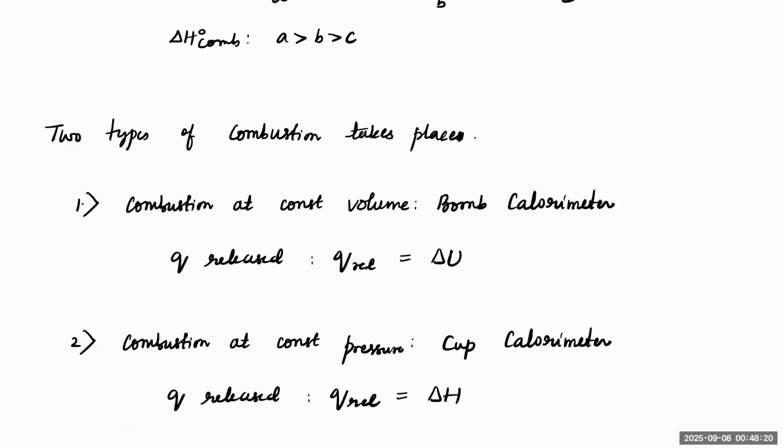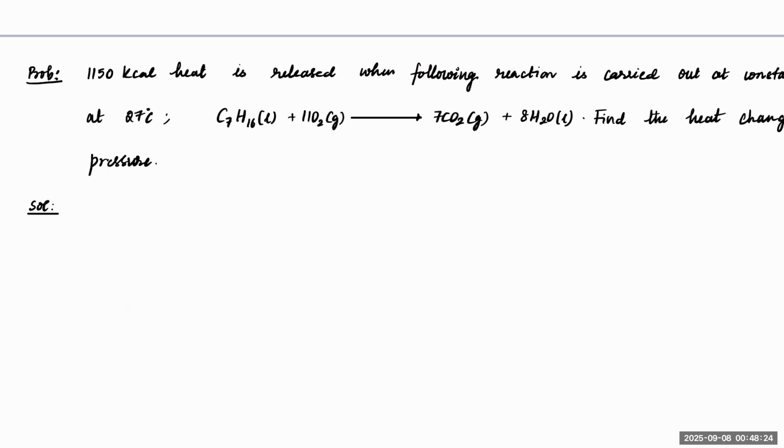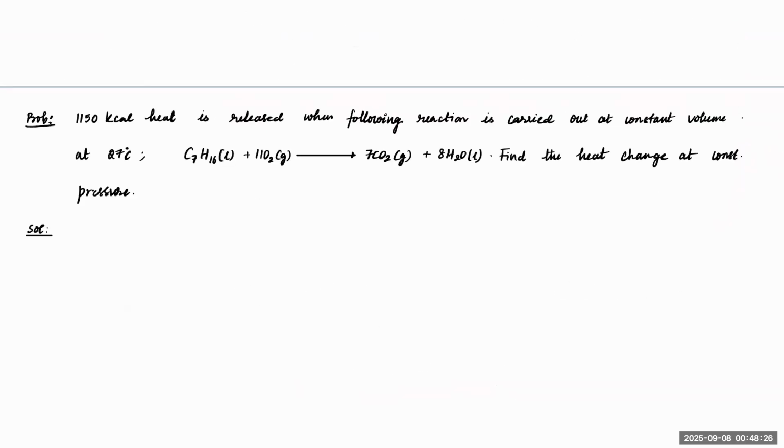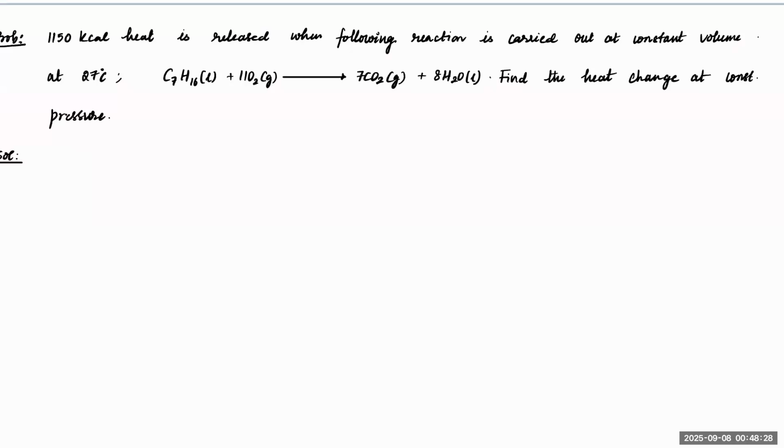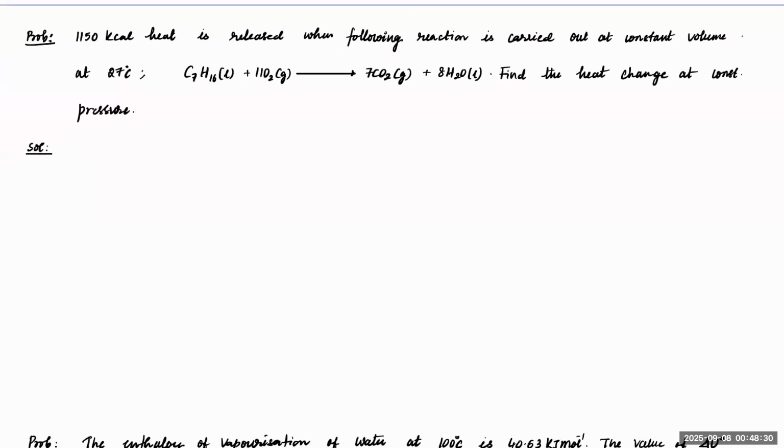Right. Now let's go back to the questions, how they can be framed, and see the language of the questions. Emphasize more on the language of the question. Check out. 1150 kilocalories heat is released when the reaction is carried out at constant volume at the temperature given. So that data is very straightforward.